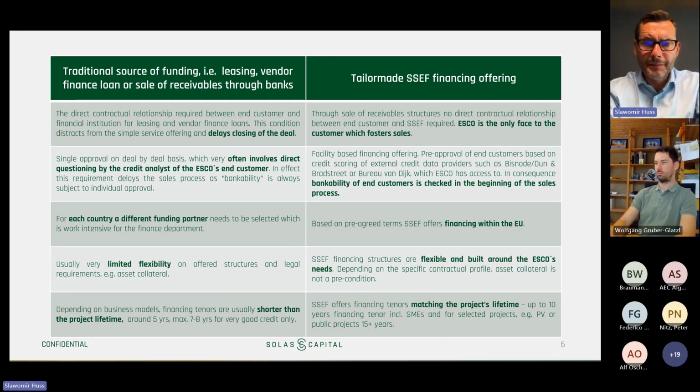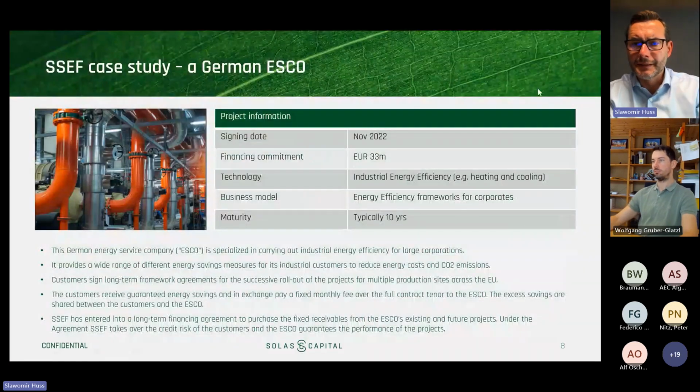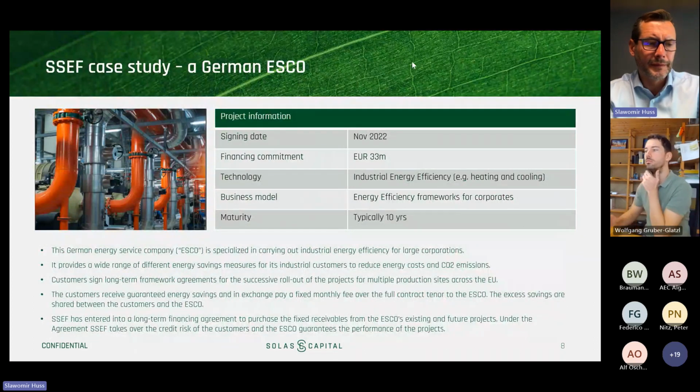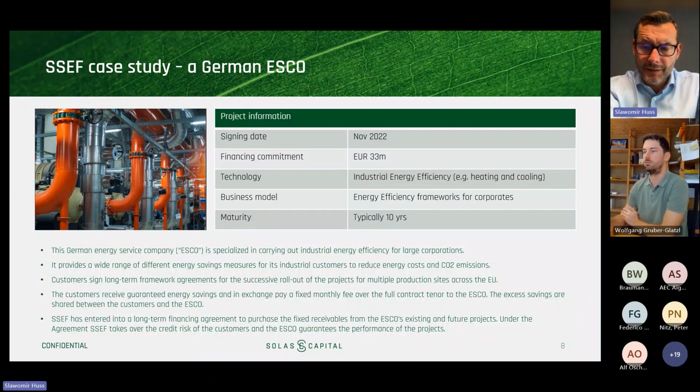Roughly, this is it from my side. I have one case study, but it's just one example. We work with several technology companies. We've already deployed some part of the funds. I'm sharing just one case study with a German energy service company focused on technological efficiency, among others.